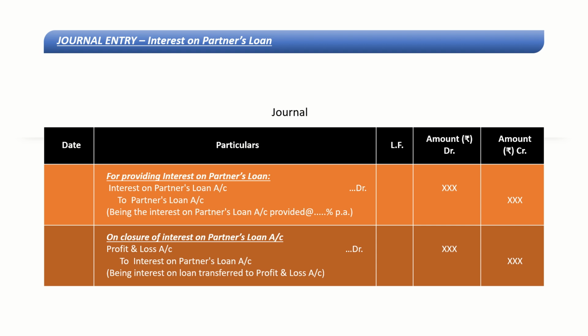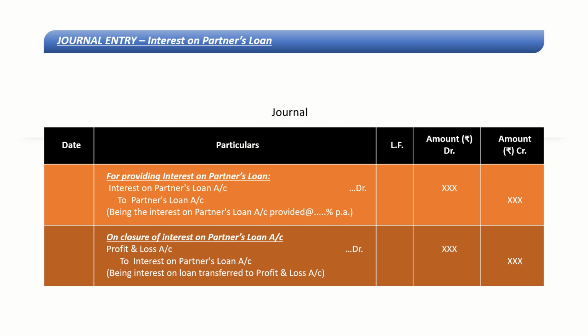Now, this is very tricky. Be careful. Interest on partner's loan account is debited to partner's loan account. Okay. So, interest on partner's loan, where partner has given a loan and is receiving interest on that. So, it's an expense for the firm.